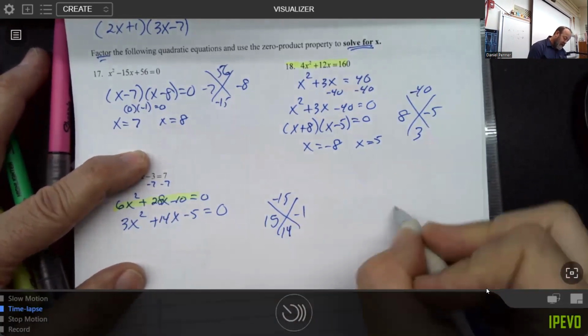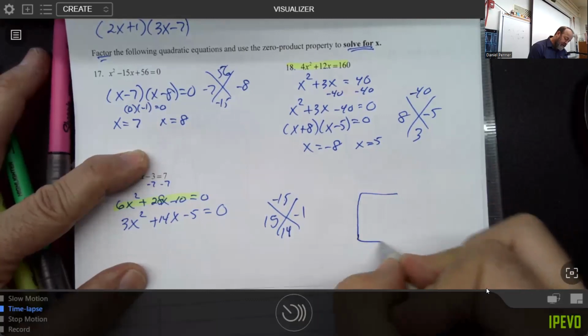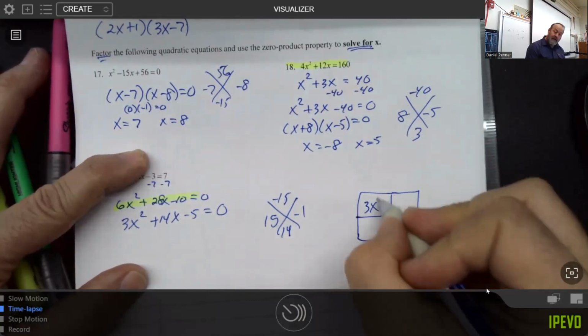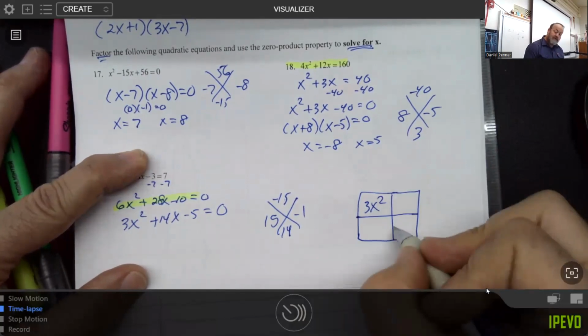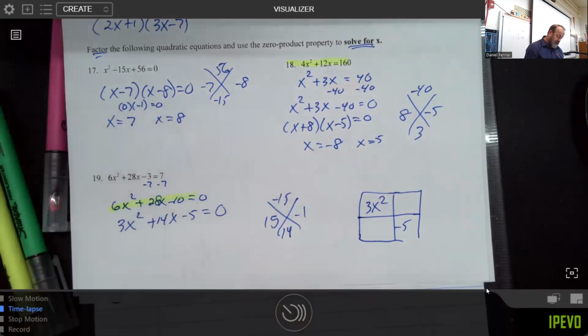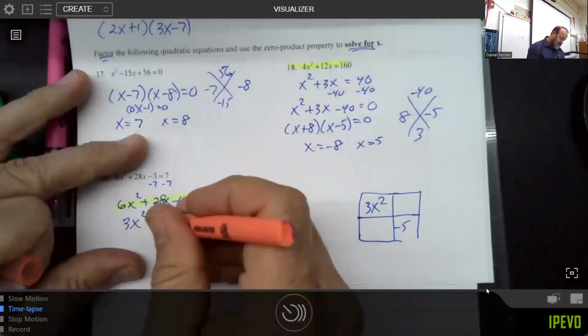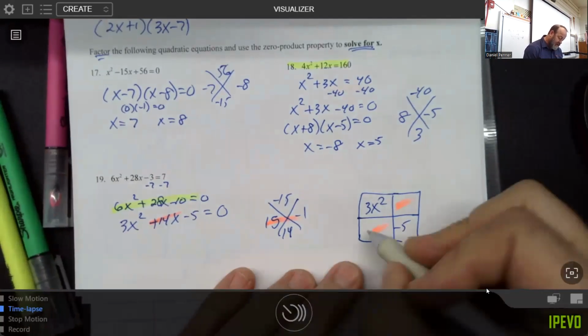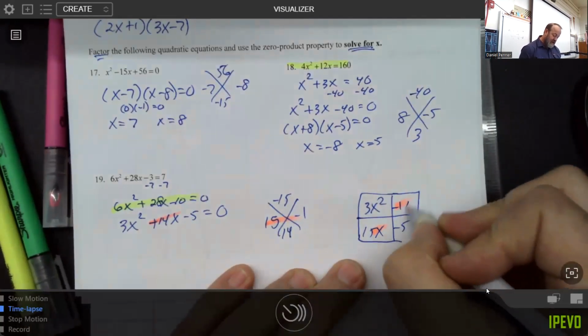And so let's go ahead and I'm going to make my box over here on the far right side since I have some room here. We put our first term here, our last term there, and we're going to split up our 14. Again, just being consistent with my colors, that these things are going to go here, and I'm going to put my 15x here and my -1x there.